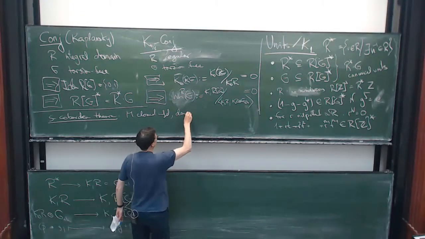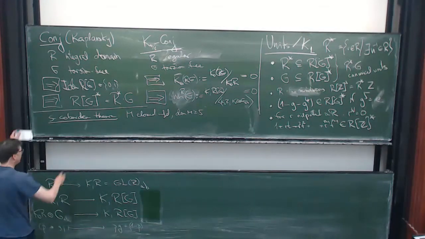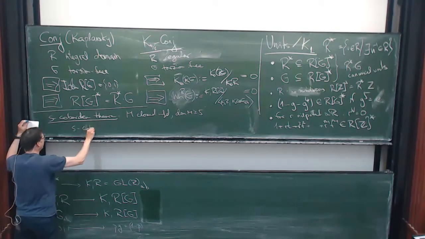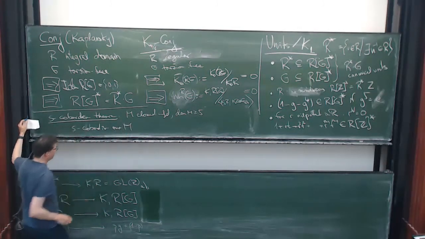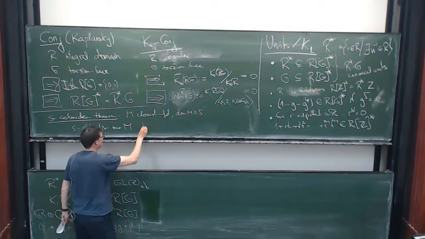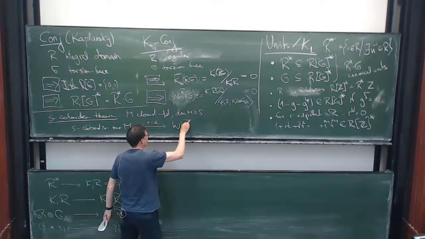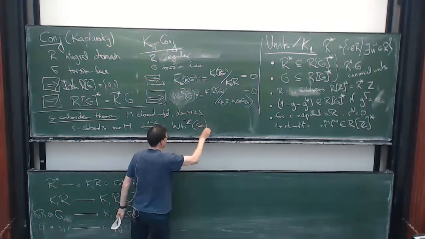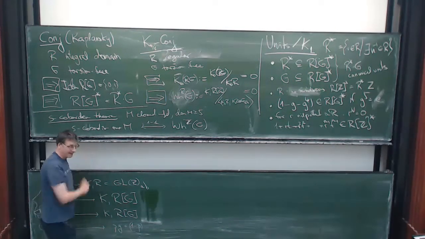Its dimension needs to be at least 5. Then S cobordisms over M are in 1-to-1 correspondence with the White group over the integers of our group G. And the map is exactly the one Andreas explained.